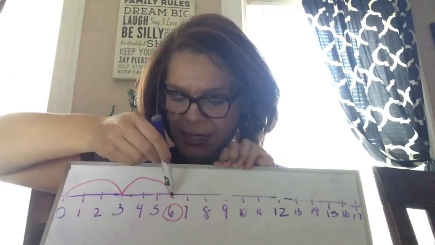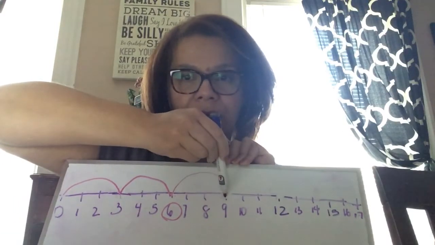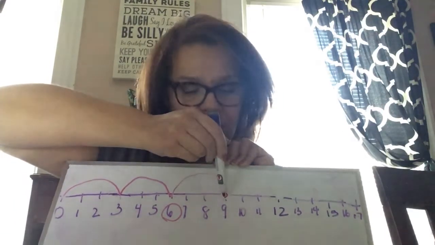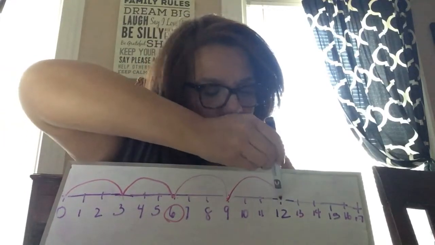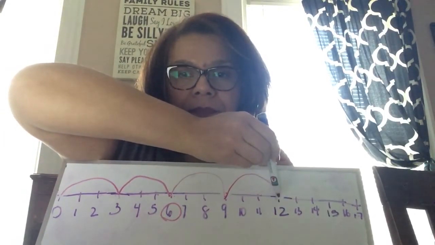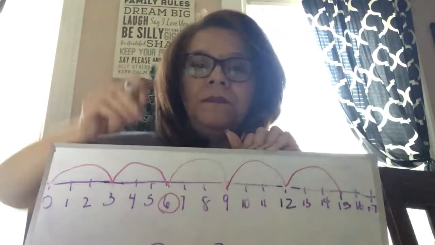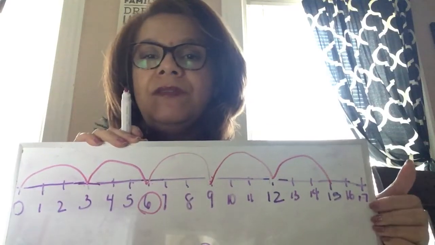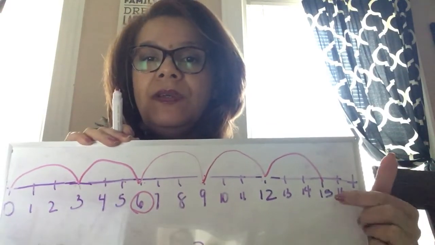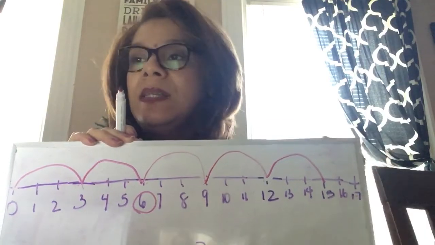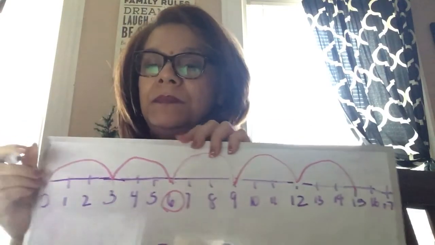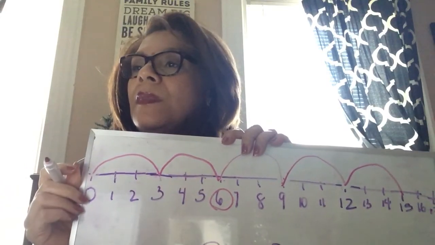So 3, 6, next is 9. After 9 is 12. After 12 we go to 15. I can't fit the rest, but you can figure this out. 16, 17, what's the next number? 18. After 18, 3 more spaces is 21.